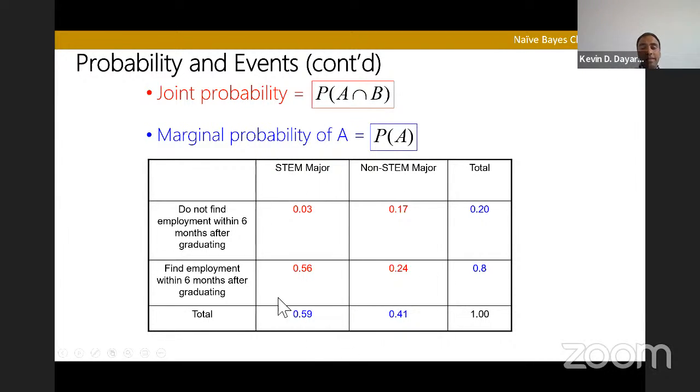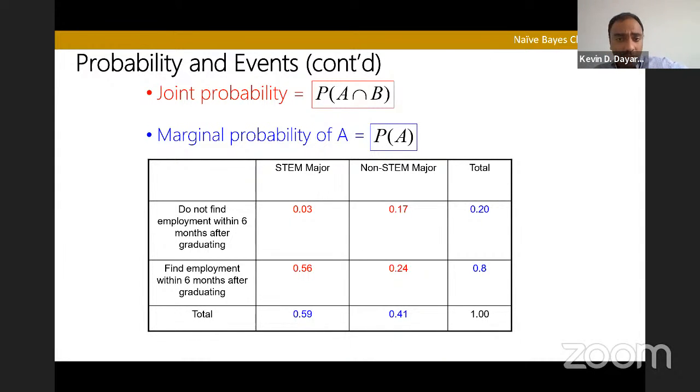Now, here is some hypothetical data about STEM majors finding employment. The reason I include this is purely for illustrative purposes. This is survey data, quote unquote data, I should say, amongst respondents.